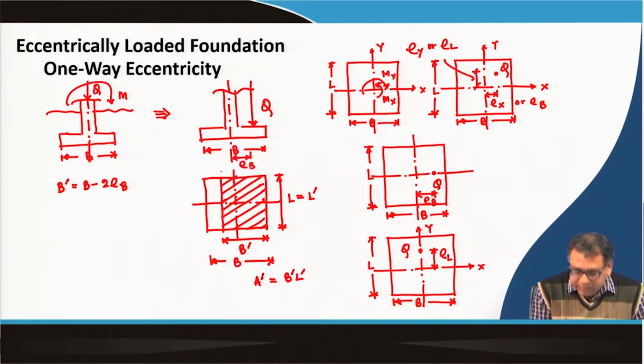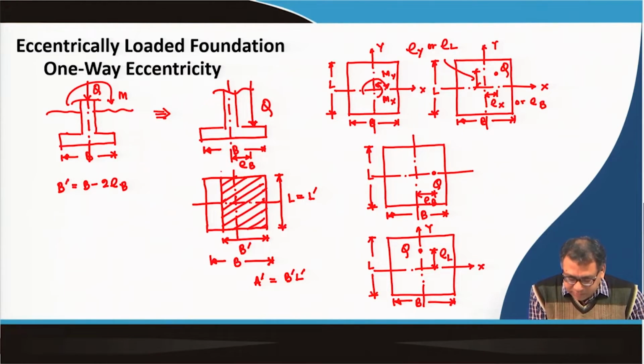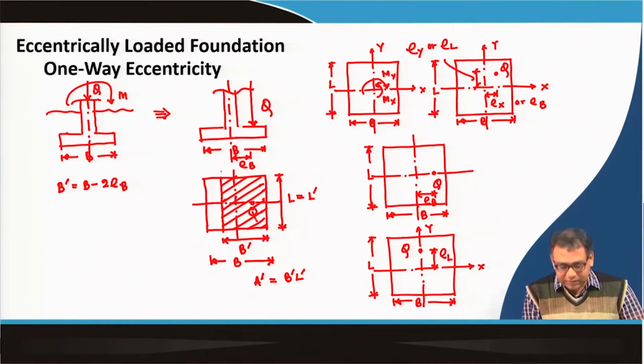E b is how much distance the load is acting away from the center towards the width direction. Similarly, E L is how much distance the load is acting away from the center towards the length direction. Okay. So, now here basically my load is acting here. So, that is why this effective area is reduced on this left hand side.